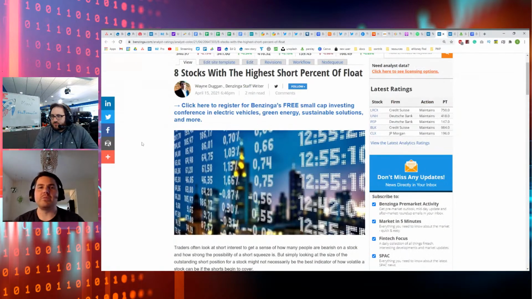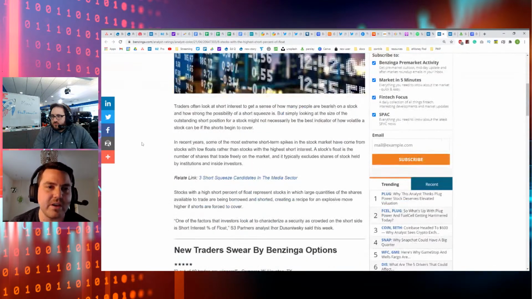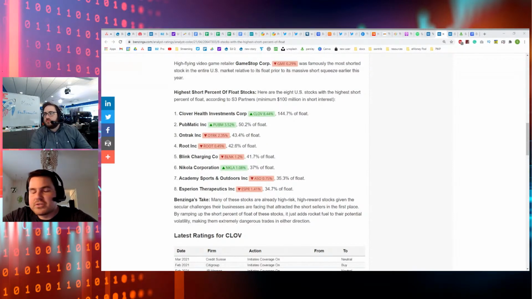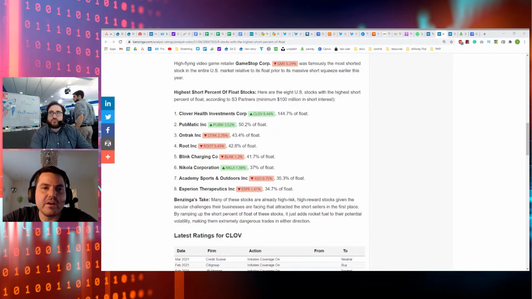Obviously people are trying to find the next big short squeeze after the GameStop frenzy a couple months ago, and S3 Partners, who are known for having solid short interest and short percent of float data, have weekly newsletters and reports that go out.